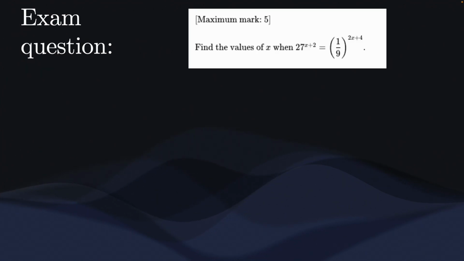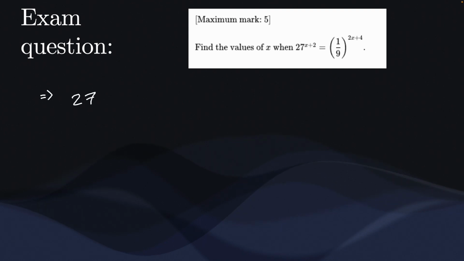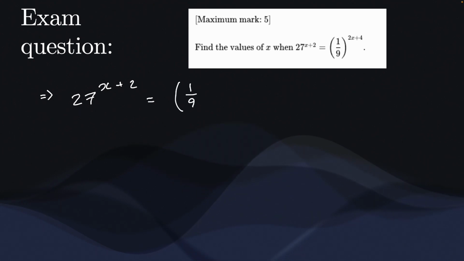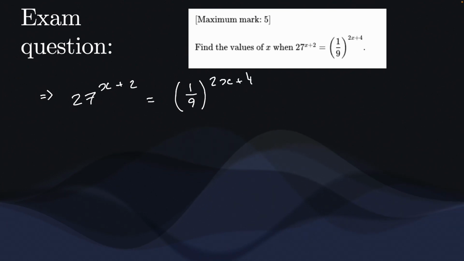Now, let's move on to an exam question, the kind of question that would appear in your IB exams. And this is a whole 5 marks. Right, so let's start off. Basically we're just trying to find the values of x. 27 to the power of x plus 2 is equal to 1 over 9 to the power of 2x plus 4.